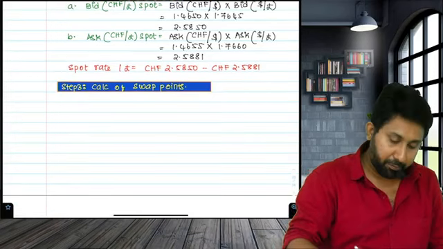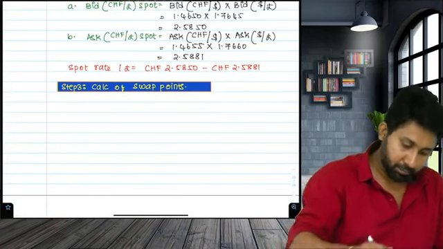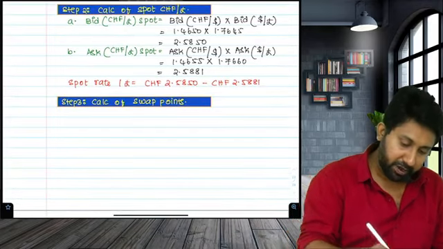Now last step, calculation of swap points.